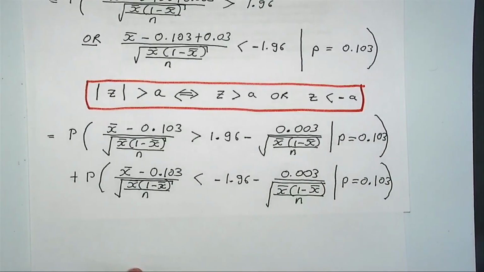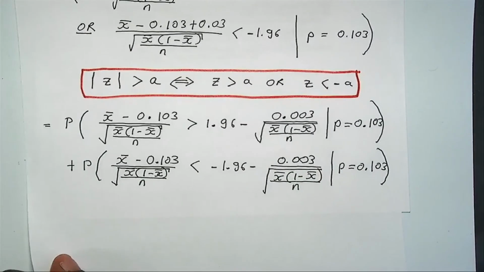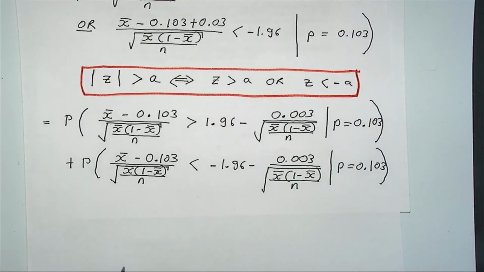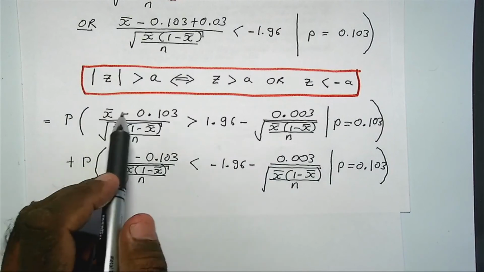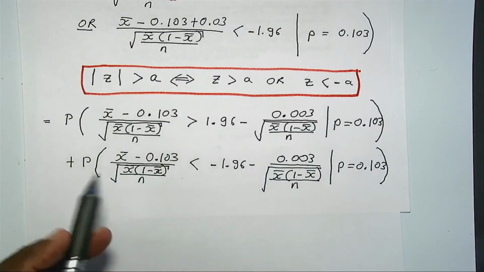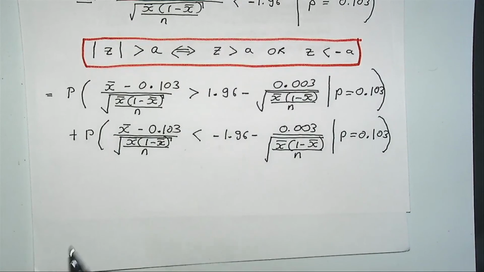Okay, now because of the argument that I made in the previous question, question 6, these two guys here must have an approximate standard normal distribution. So this and this. So that's what I'm going to use in the next step.